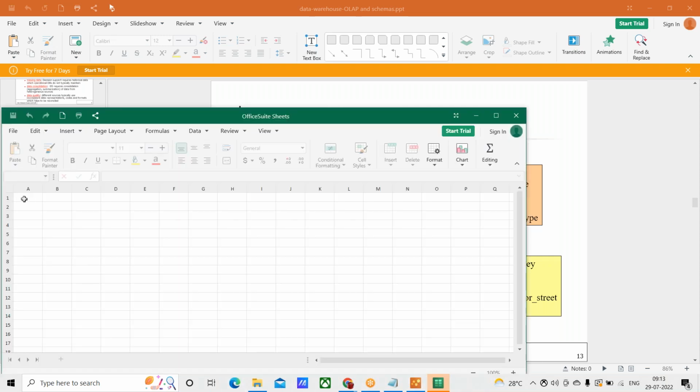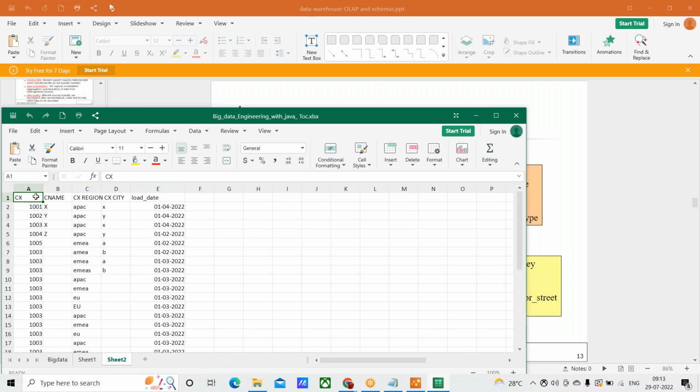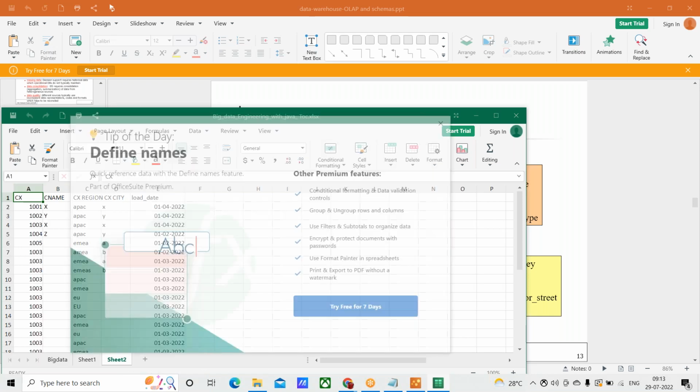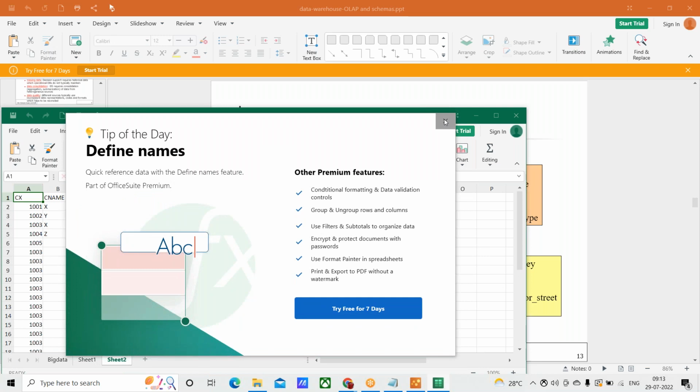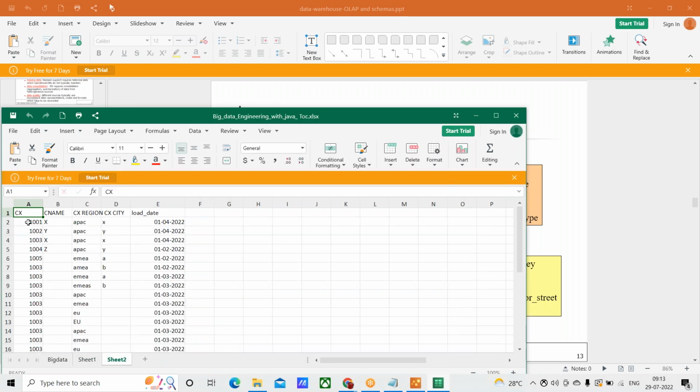In the customer ID, this CX means customer ID, customer name, region, city, date. So what I'm saying is, this is a table. Table means rows and columns. All the data will be stored like this.